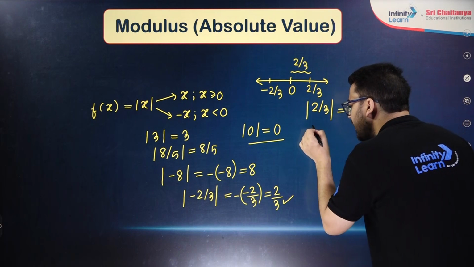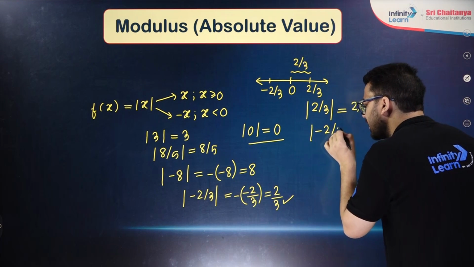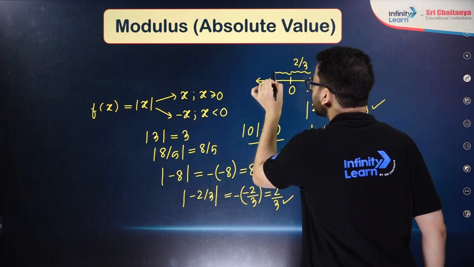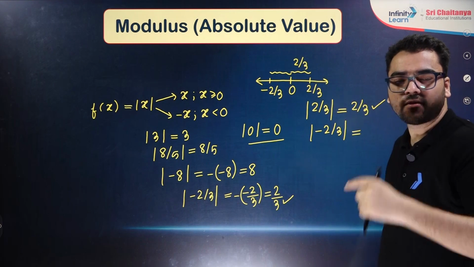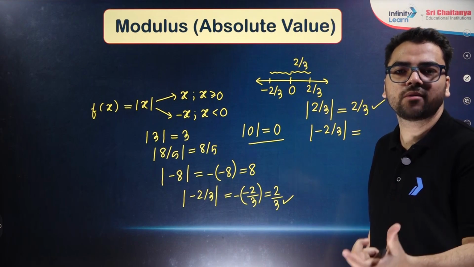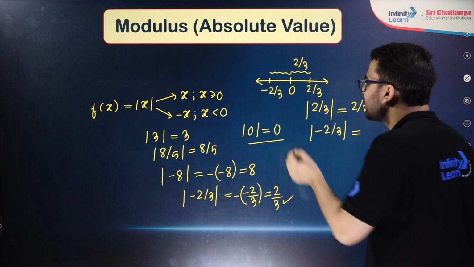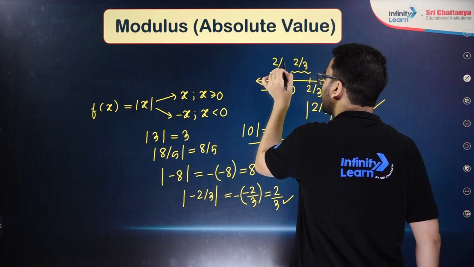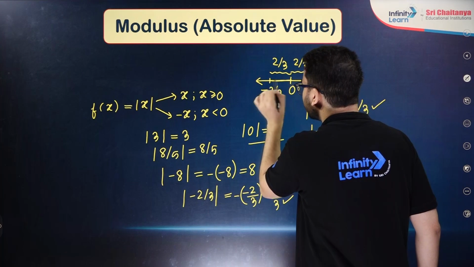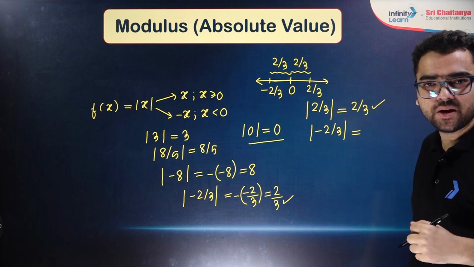And if you want to find modulus of minus 2 by 3, what is that? It is also the distance of minus 2 by 3 from 0 on the number line. You see, that will also be 2 by 3. If the number is negative, that does not make this distance negative. Distance can never be negative.